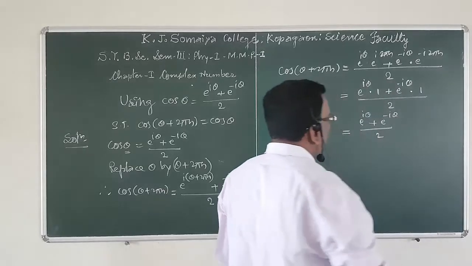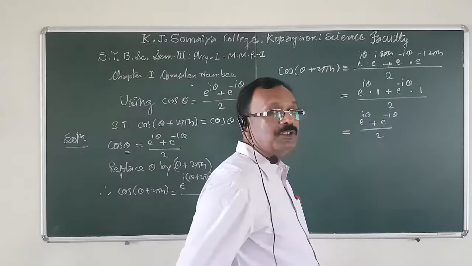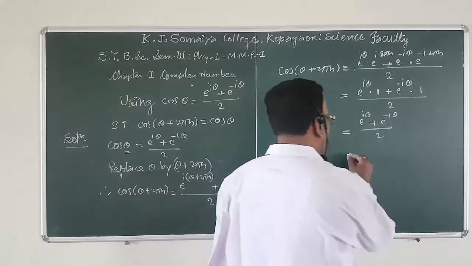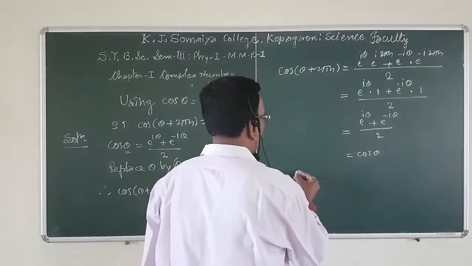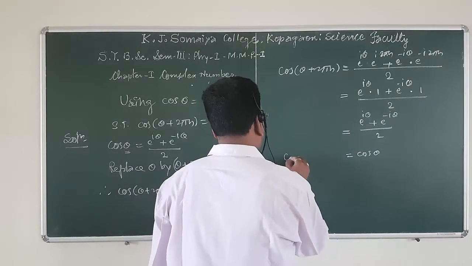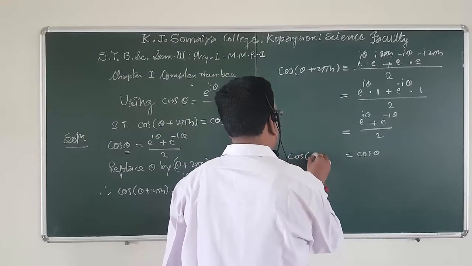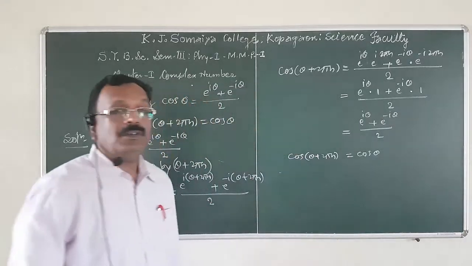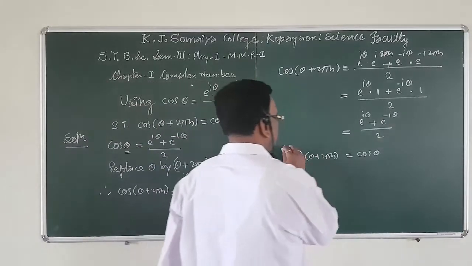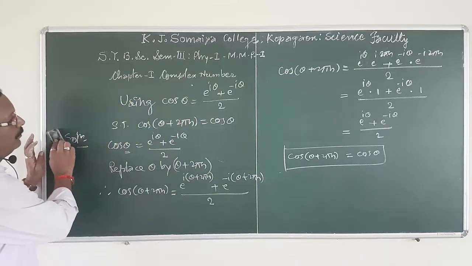And in the previous lecture we have seen that this, e^(i theta) plus e^(-i theta) upon 2, represents cos theta. Therefore, lastly, cos(theta + 2 pi n) is nothing but cos theta. Hence the proof. Okay. Now, let us see another problem.